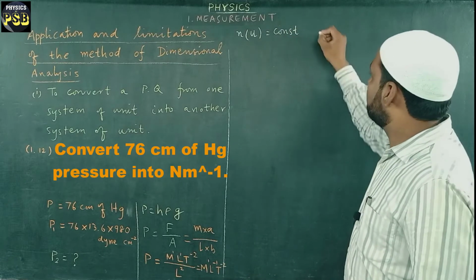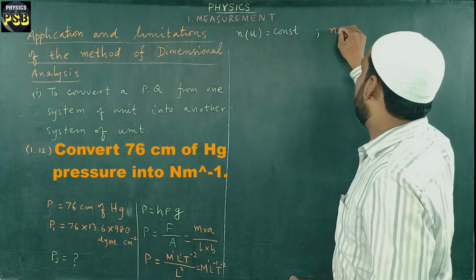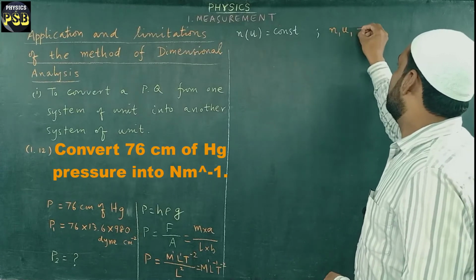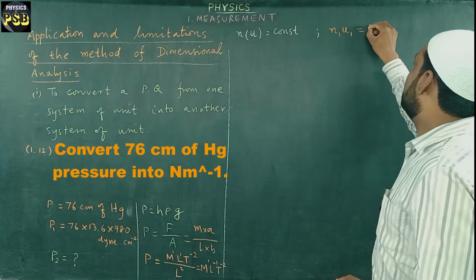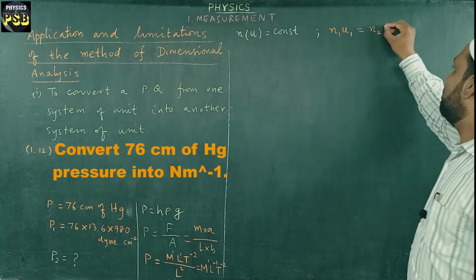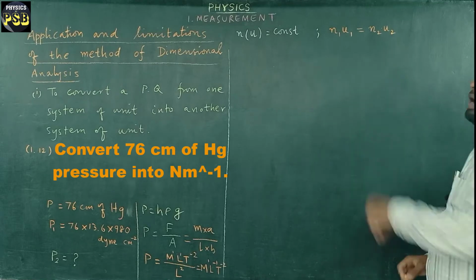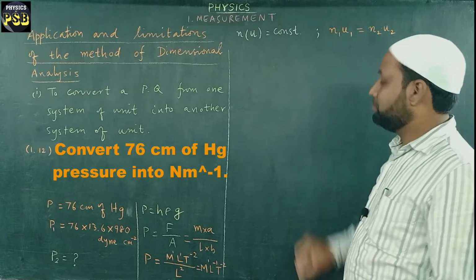It means if I have a numerical value n1 in one system of unit u1, when you multiply these two, it will remain equal to the numerical value n2 multiplied with another system of unit u2. This is what it means. So I'll go ahead.